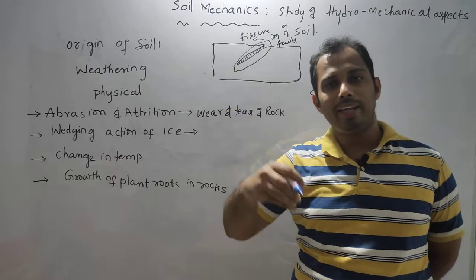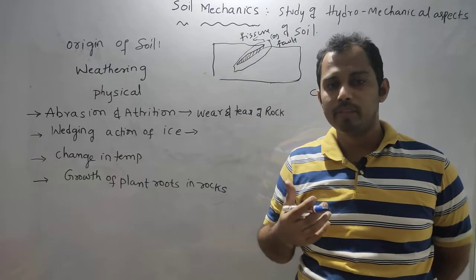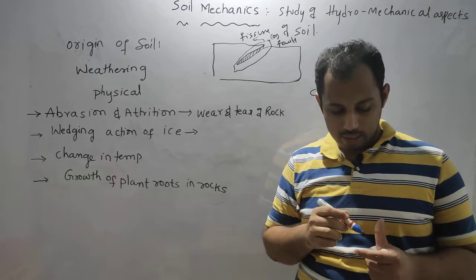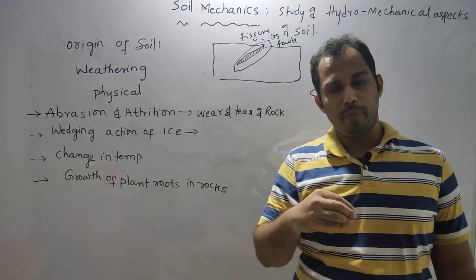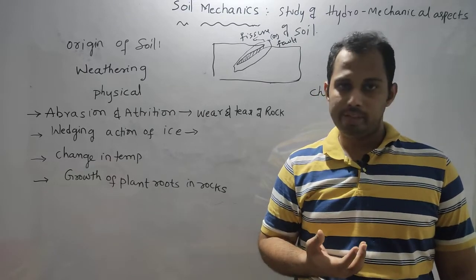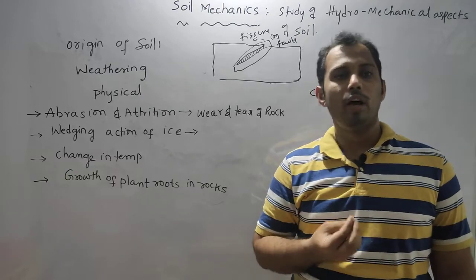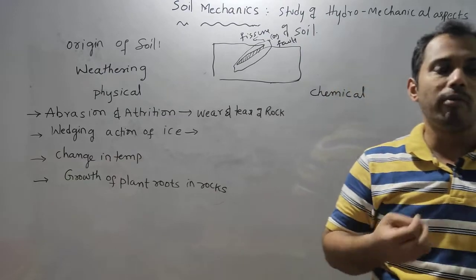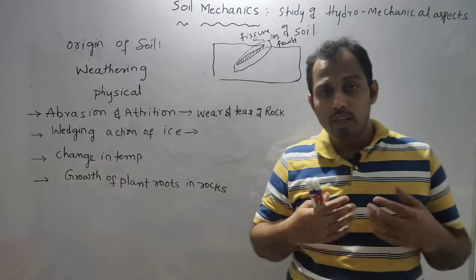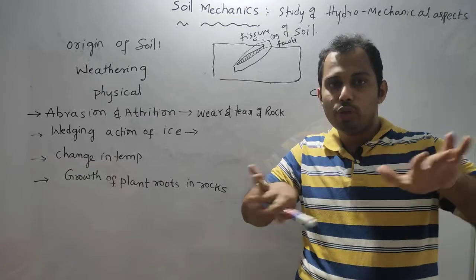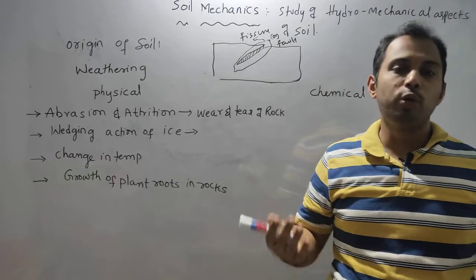The water will enter the gap, and if a frozen condition occurs there, then the water which entered this void space becomes ice. We all know that when water becomes ice, the volume of that water increases. So now what happens? Because of the increase of the volume, the ice will push the rock and make it into two fragments.